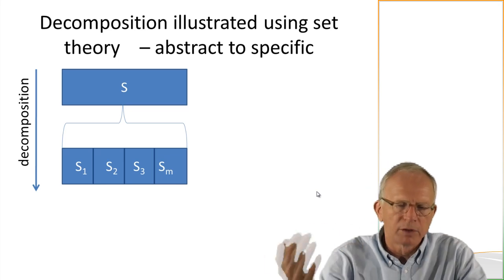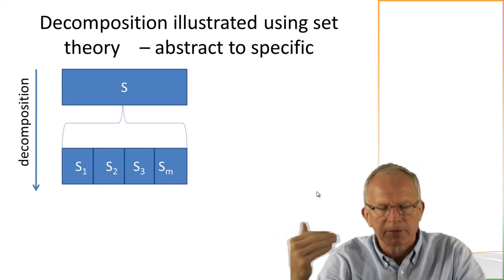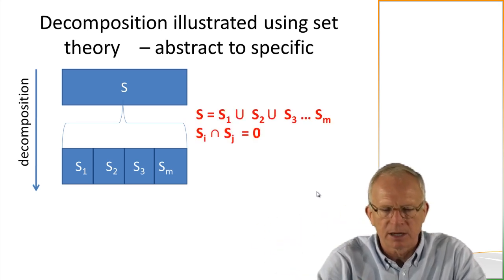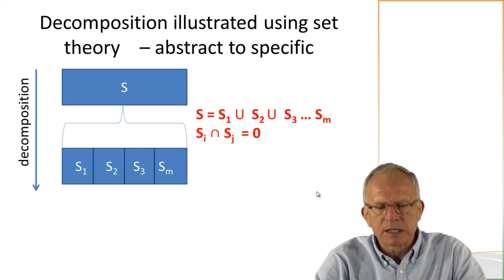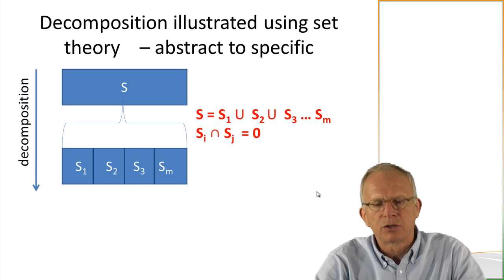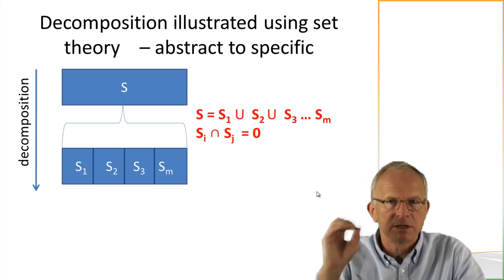Now here's the way, if we look at it, for example, in set theory. We've got a larger parent set that will be divided up into some number of elements in a child set. And the parent set S is exactly equal to the union of the children sets. So all we're doing is just adding those together. And the intersection of any of the children should be 0.